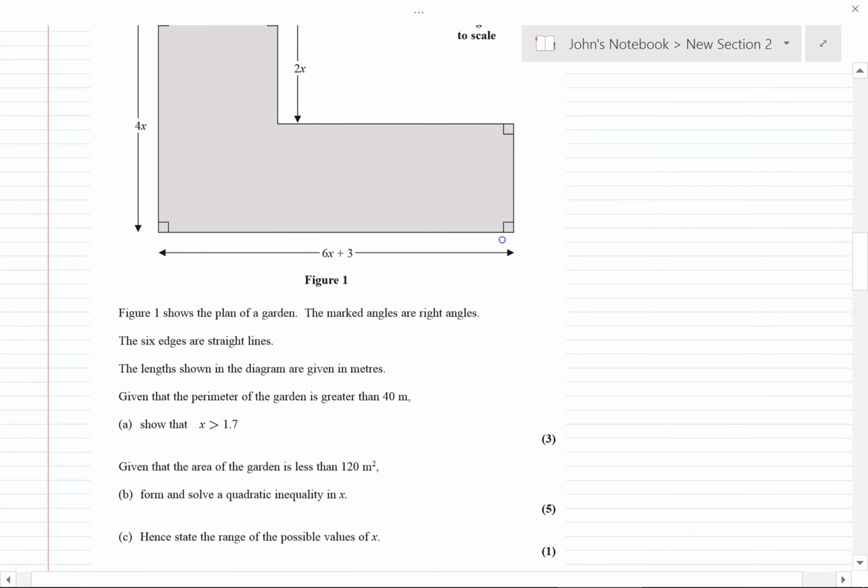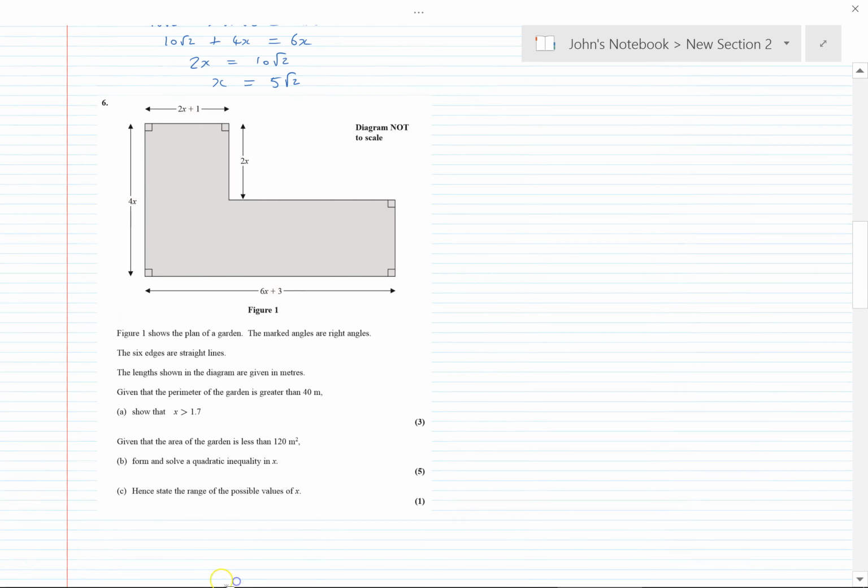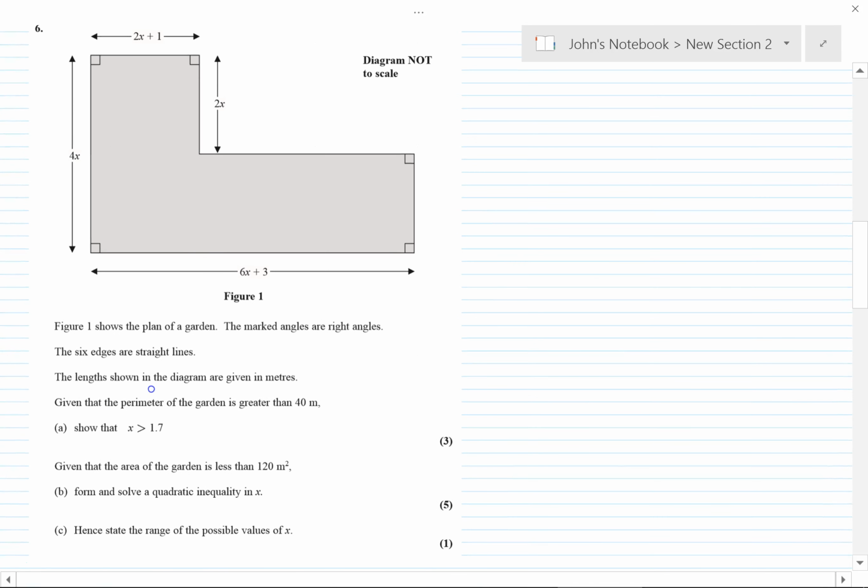Question 6. Right, here we go. Let's write it here and leave a bit of space on the right hand side to do this. That should work well. It's an inequality question. A little bit of context here, trying to make it a bit more interesting for us, I suppose.